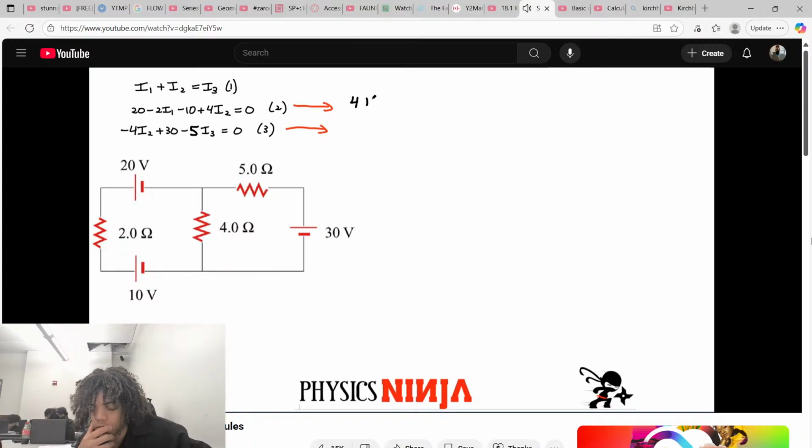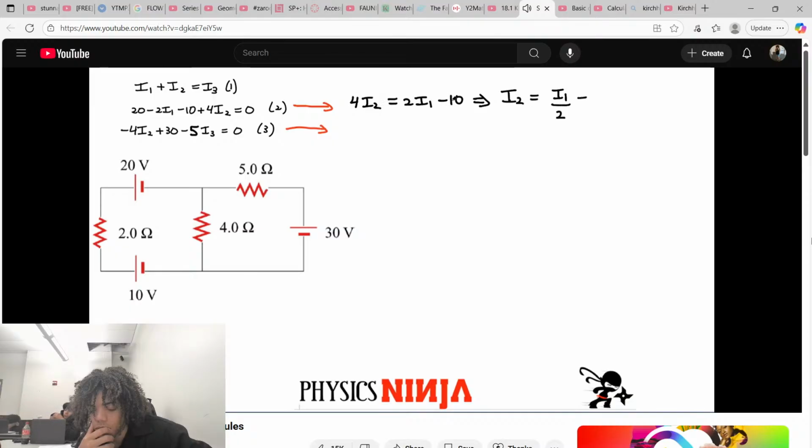You'd have 4I2. Now if I bring everything else to the other side, you're going to end up with 2 times I1. And here you're going to have 20 minus 10 gives me 10. If I bring that to the other side, it's going to be minus 10. If I divide through by 4, I get that the current I2 is simply I1 divided by 2.